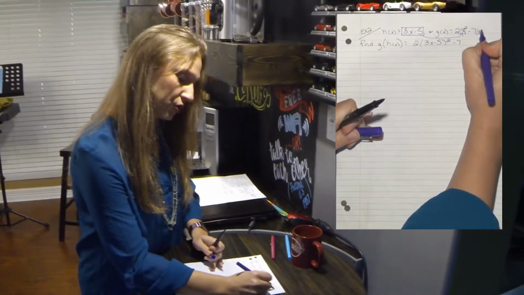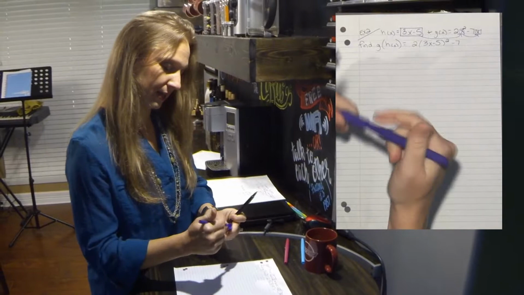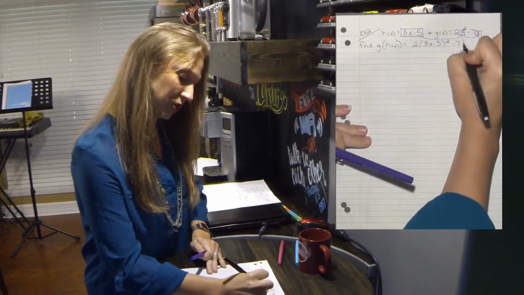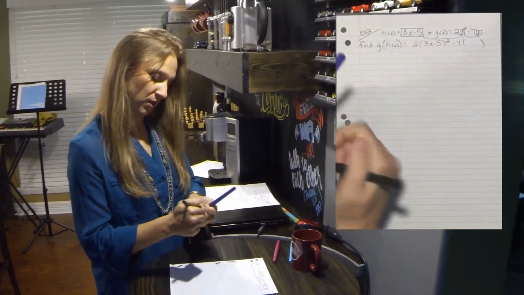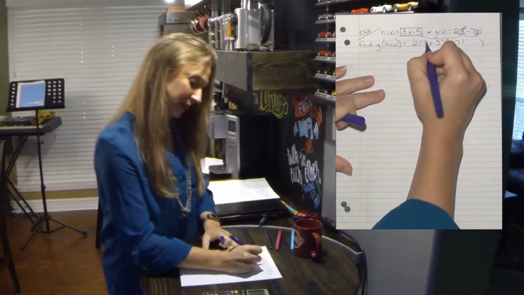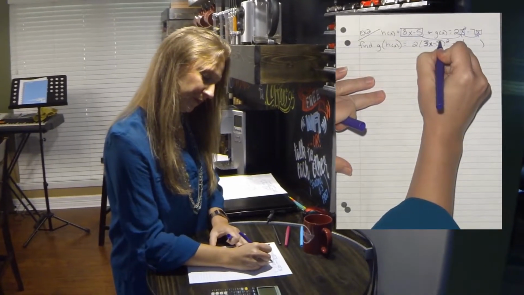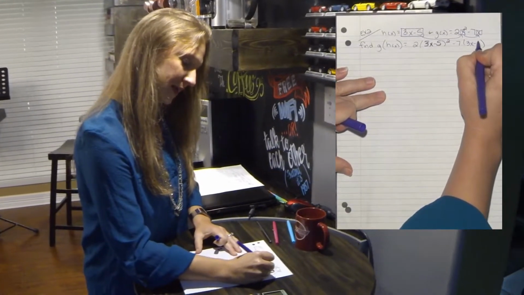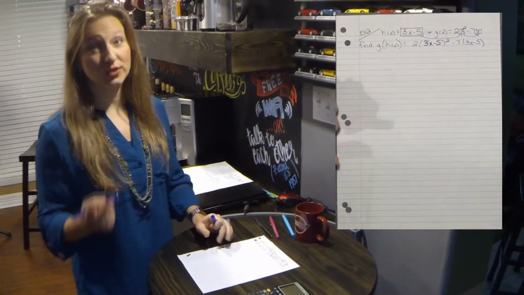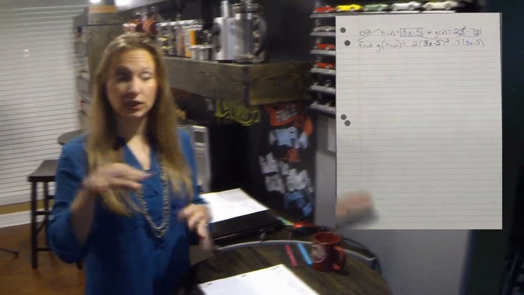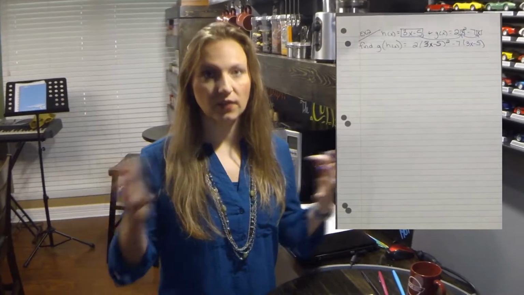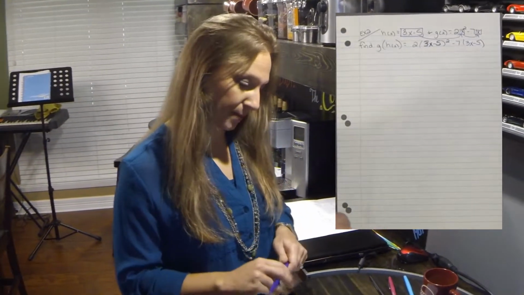So I also need to plug in the function there. So I'm going to plug in 3x minus 5 2 times. So anytime you're plugging in for all x's in the other function, be careful about that.